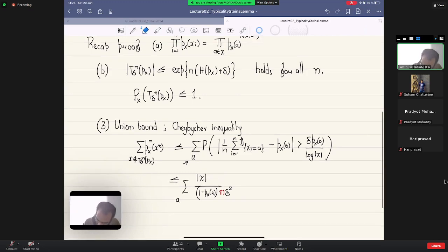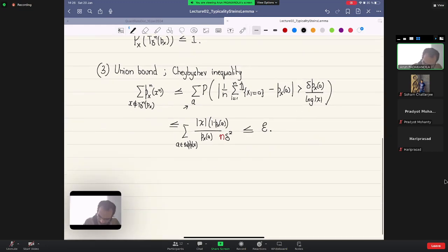I think I get 1 minus p_X(a) at the top and p_X(a) at the bottom, for all those p_X(a) which are not 0, so a belonging to the support of X in some sense. And that's what we got. So this can be upper bounded by epsilon. Is there a question?